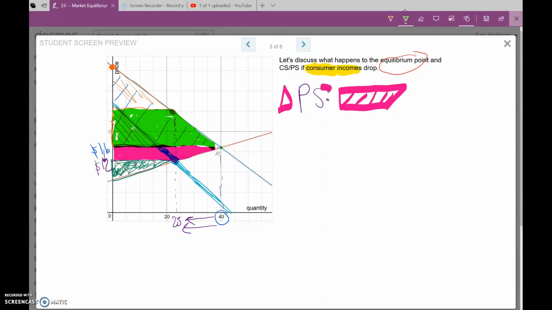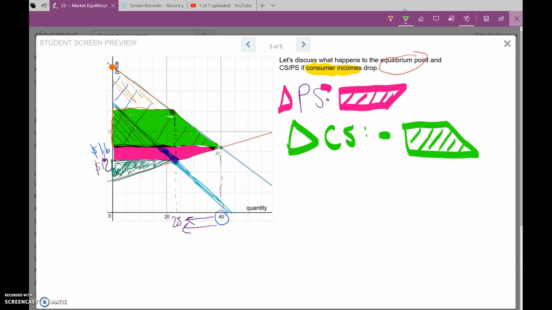It's the same area as what's in between those two triangles, just in a different place, and this is going to be helpful for us moving on. So change in consumer surplus is also negative: the area of that green trapezoid.